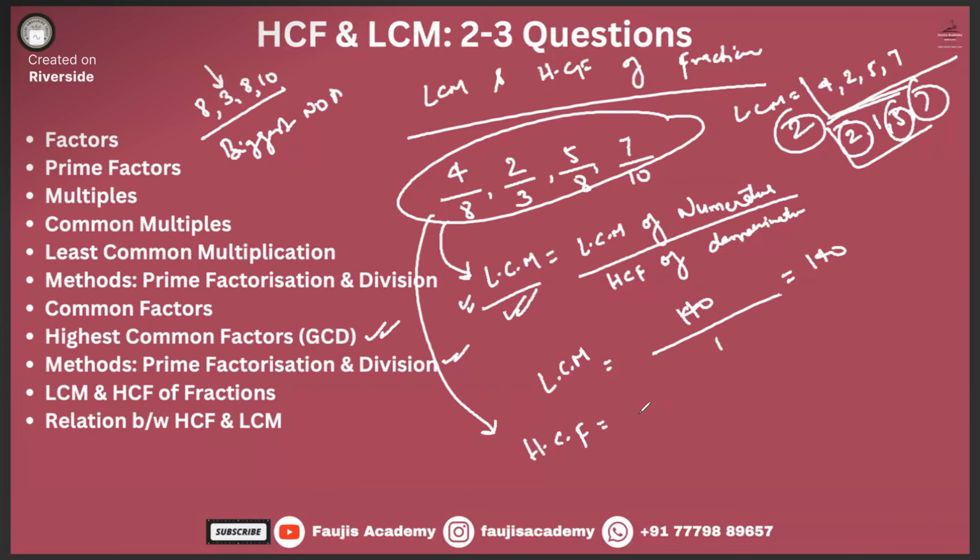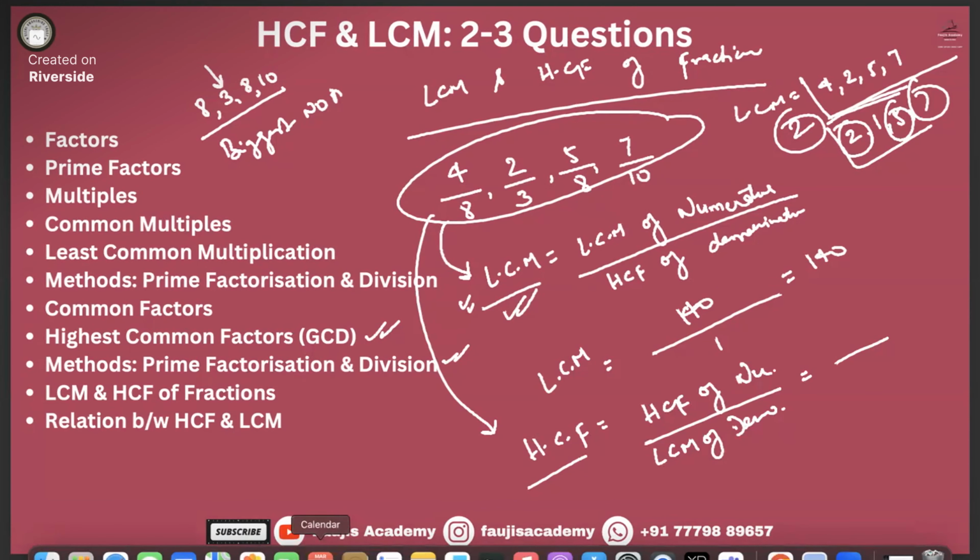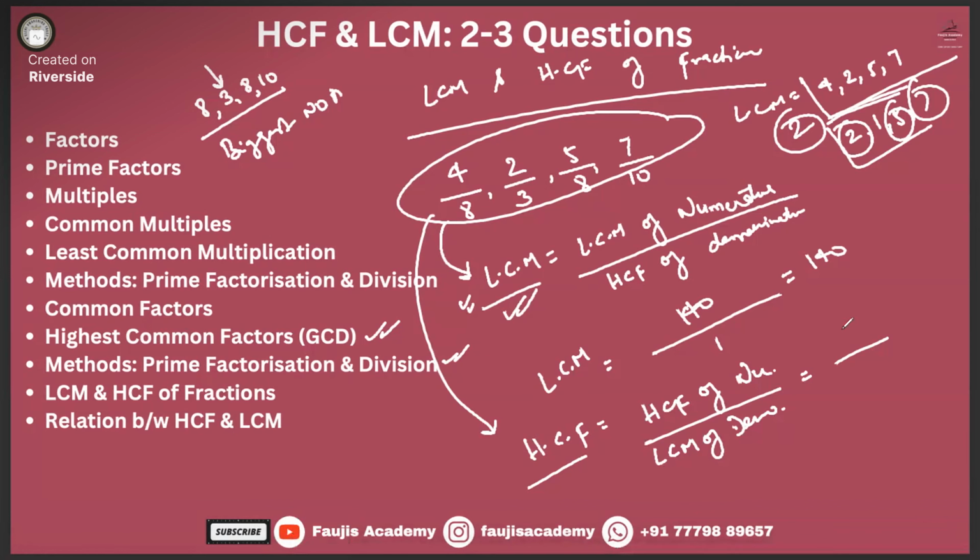So for these numbers, similarly, just applying this logic, what will the HCF be? To find the HCF of a fraction, we find the HCF of numerator divided by LCM of denominator, right? Now get me the numbers, guys. HCF of numerator is nothing but 1. By looking at the numbers itself, you can say, right? Yes, guys.